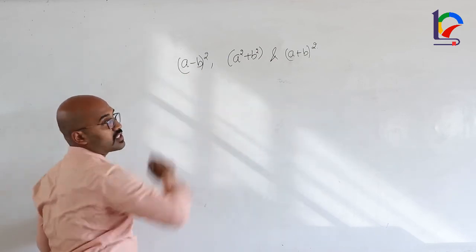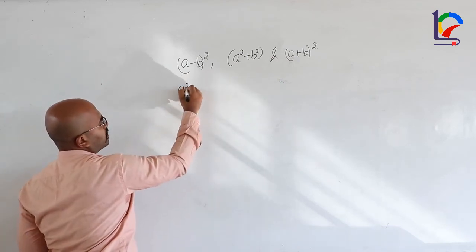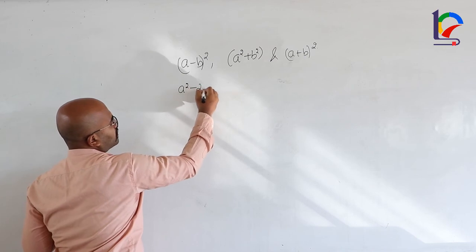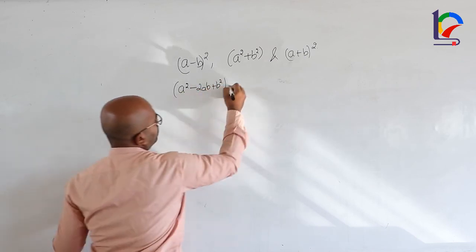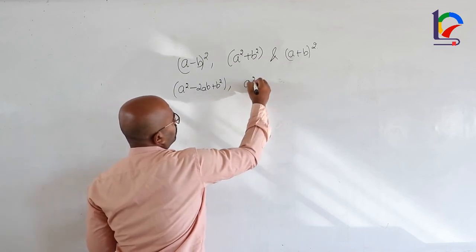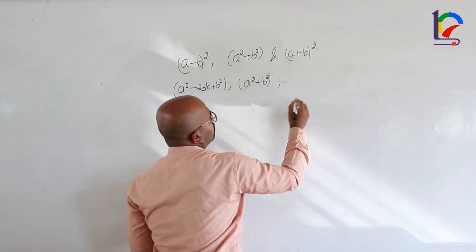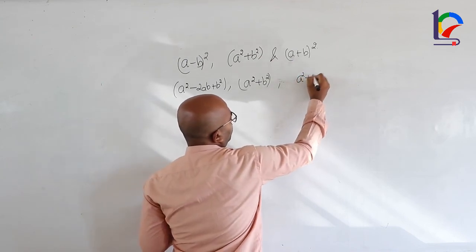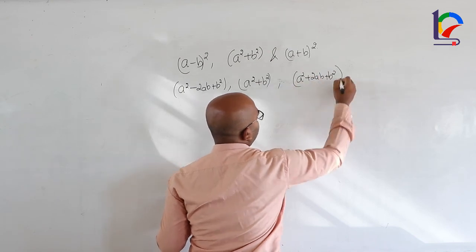So, the first term, on simplification, a minus b whole square, I can write as a square minus 2ab plus b square. The second term is a square plus b square. The third term is a square plus 2ab plus b square.